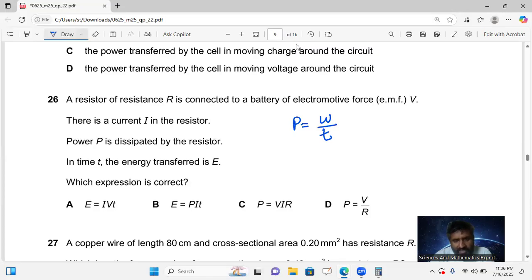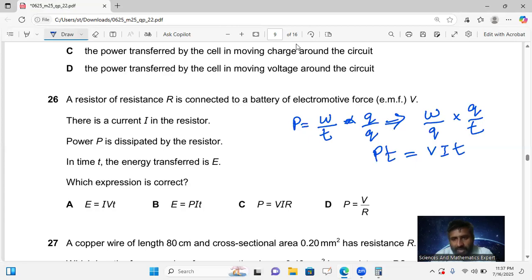If I take this work and multiply by Q over Q, and then I take this expression as W over Q multiplied by Q over T, then it is VI and it is power. And when I'm taking the general formula for the energy, I'm multiplying T on both sides, and then I'm getting the electrical energy. That is VIT should be taken like this.